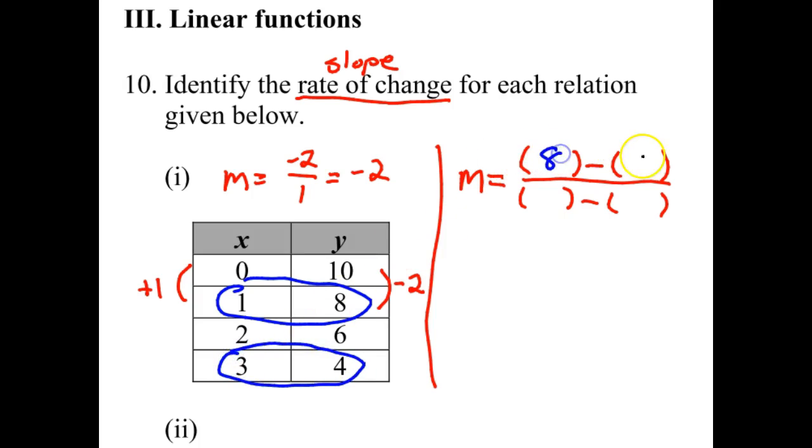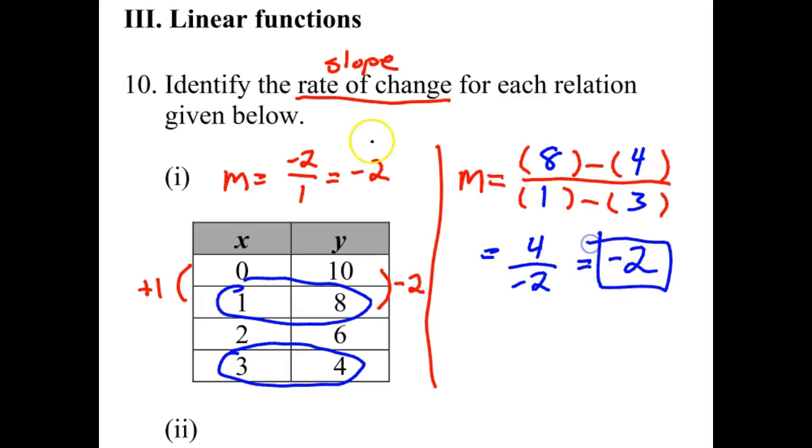As long as you have the y's on top, 8 and 4, and the x's on the bottom, you're okay. So we have 4 over -2, which is -2. Right? Same thing we've got up here. So either method works. If you have a table, this first method is probably faster. If they give you just the points, maybe you prefer the formula.